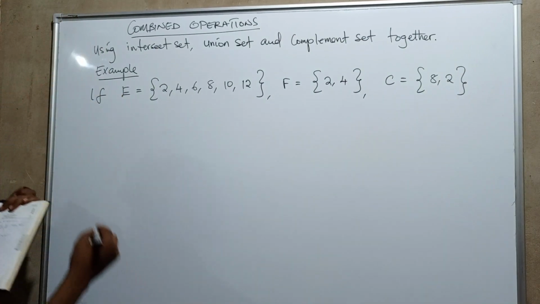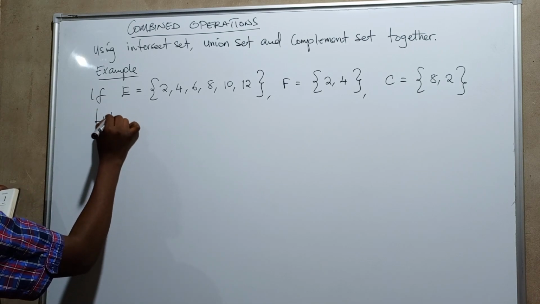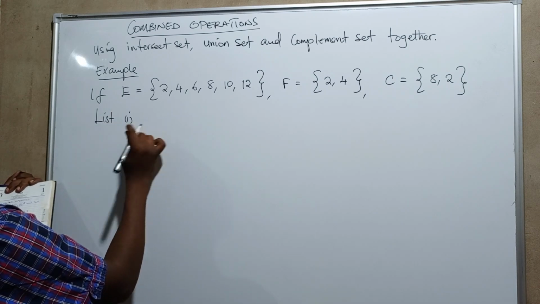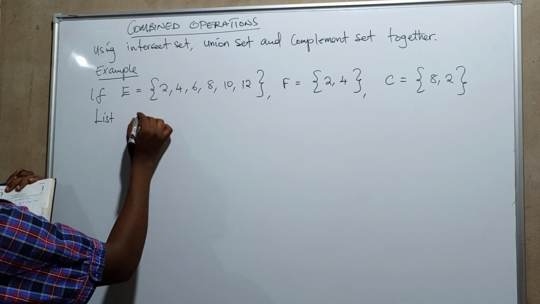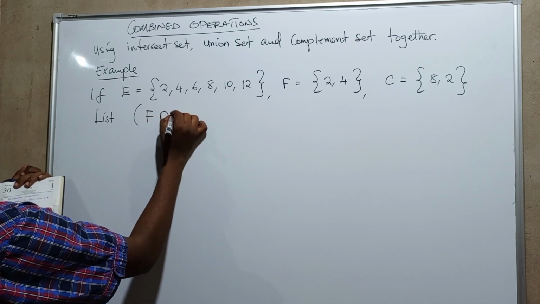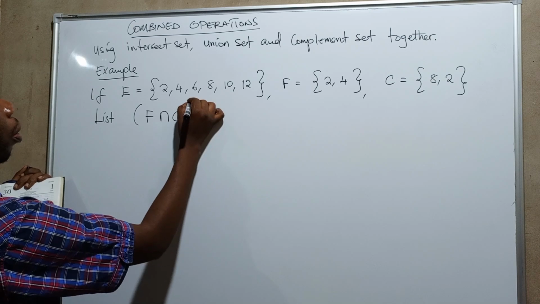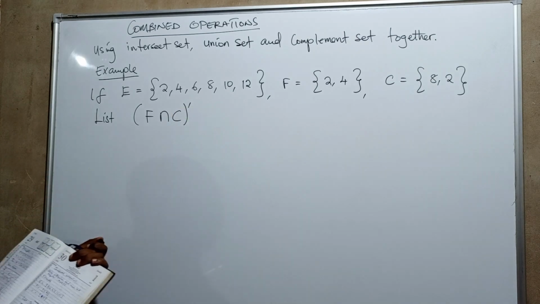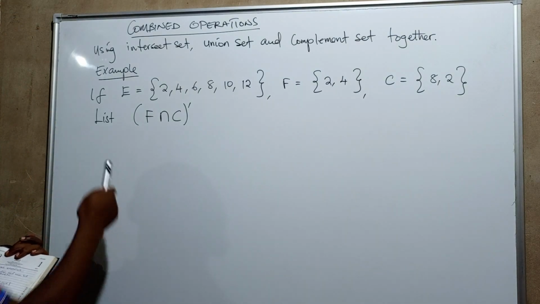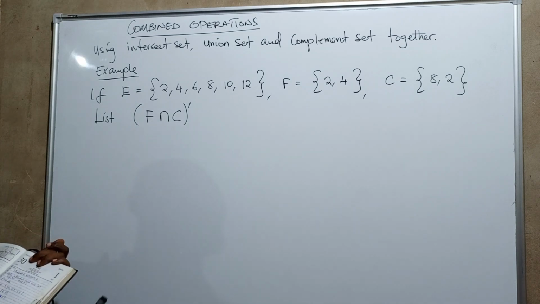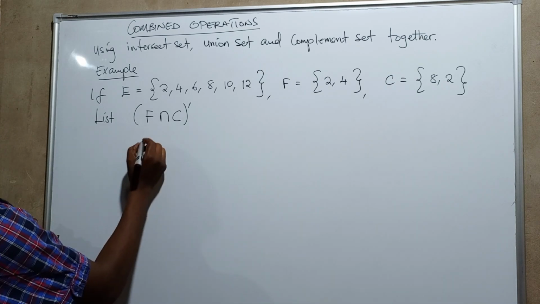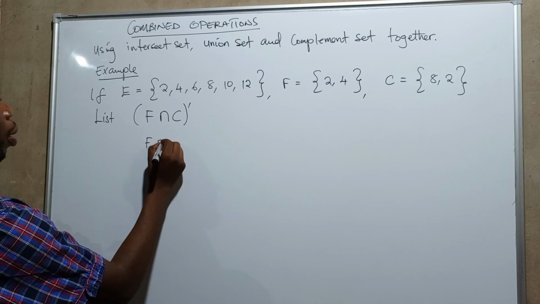Then the question says to list open brackets F intersection C, then complement. So for you to answer this question, this is what you do. First find F intersection C.